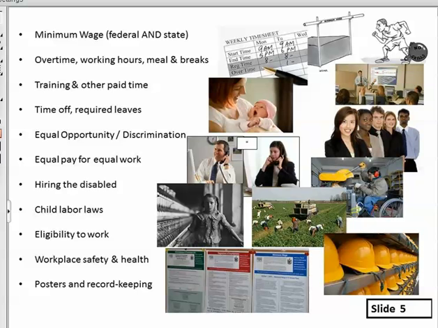So some of these laws only affect companies that have a certain number of employees. Others affect everybody. So equal opportunity and discrimination laws apply to everybody. Okay? Child labor laws apply to everybody. Workplace safety and health issues apply to everybody. But some of the other requirements will depend on how many employees you have.